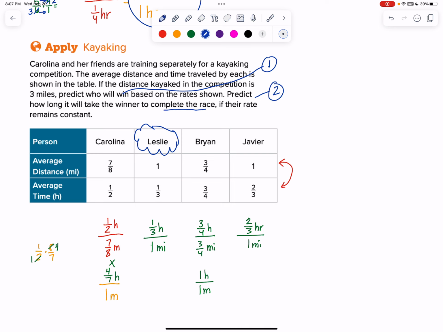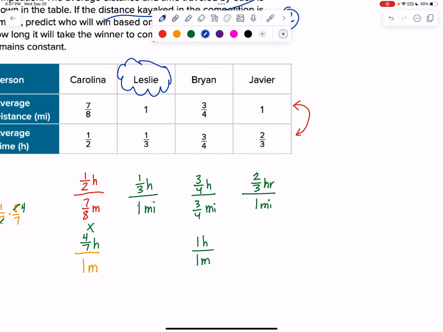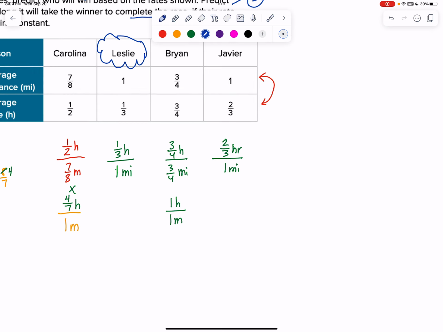So a lot of these applies, they have 2 steps. So if we know that she's doing a mile in 1/3 hour, since that's the unit rate, to do 3 miles, we can easily multiply that by 3 to see what it would be. But if we were to write it as a proportion, here's how it would look. 1/3 hour per 1 mile.